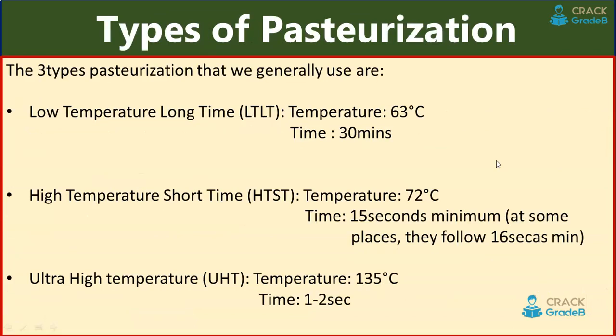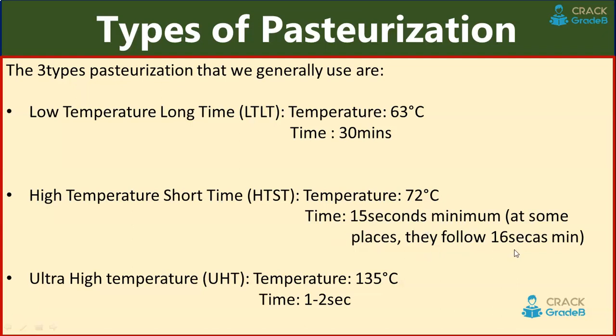Types of pasteurization. There are 3 types of pasteurization that we generally use. Low temperature long time, LTLT: temperature requirement is 63 degrees Celsius or more, time is 30 minutes. High temperature short time, HTST: temperature requirement is 72 degrees Celsius or a bit more, time 15 seconds minimum.